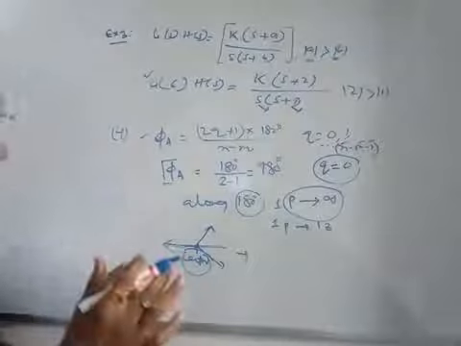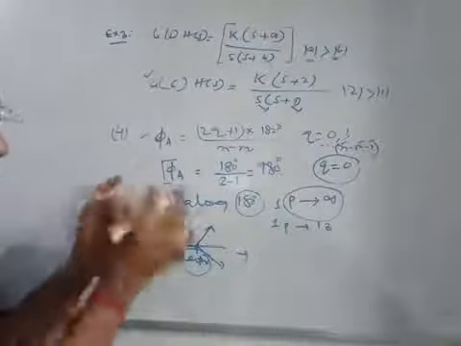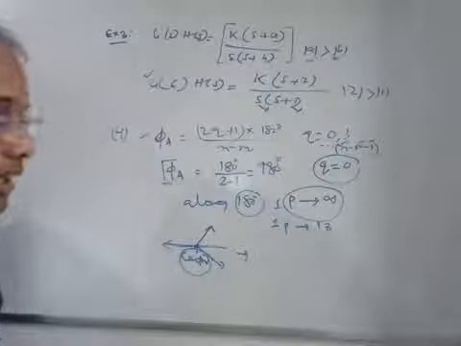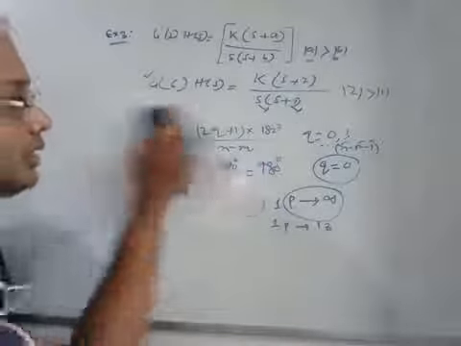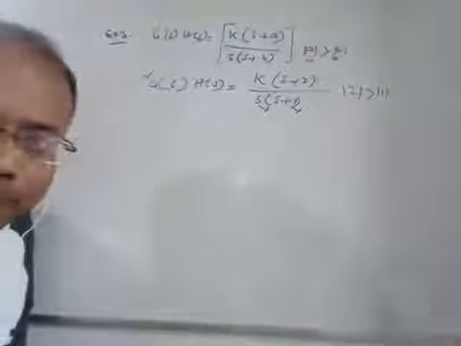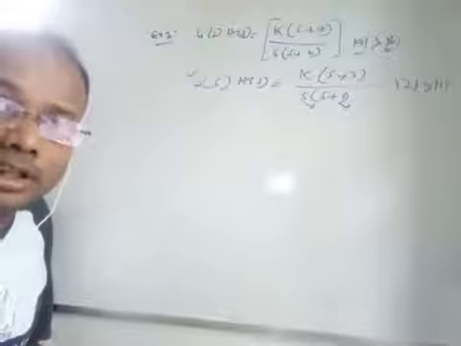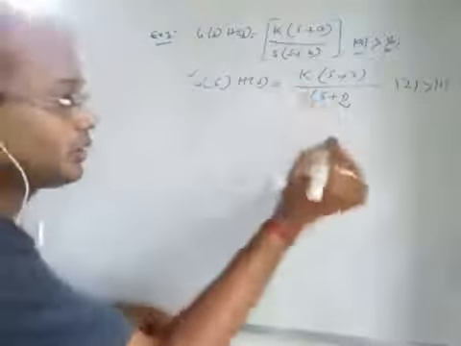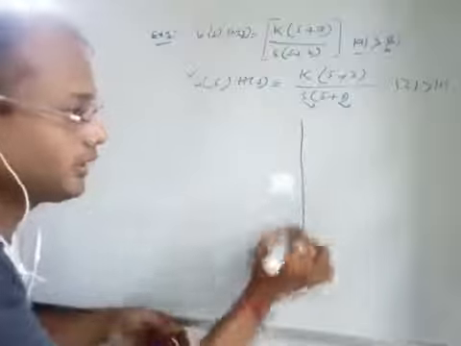So up to this we have completed certain calculations, and next what you have to find out? We have to just draw the structure this time. In the next step, we will plot all these poles and zeros on a S-plane like this.